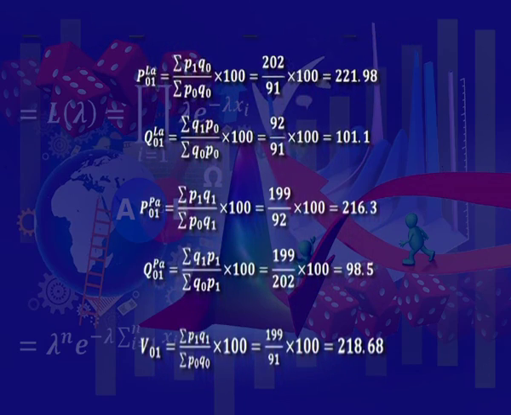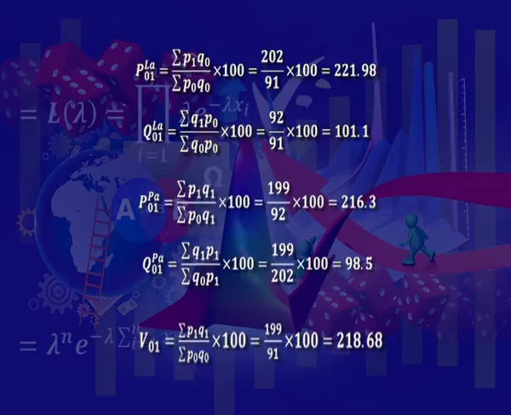The Paasche quantity index number is given by Q01PA equal to summation Q1P1 divided by summation Q0P1 multiplied by 100. Substituting the values of summation Q1P1 and summation Q0P1 from the earlier table, we get 199 divided by 202 multiplied by 100 equal to 98.5.